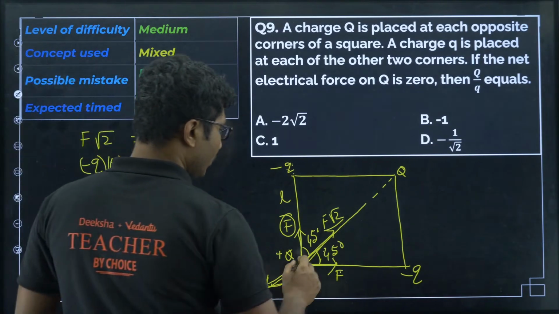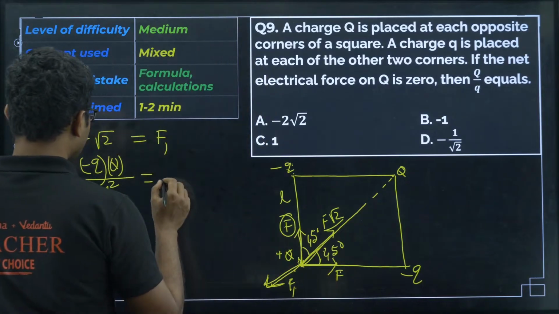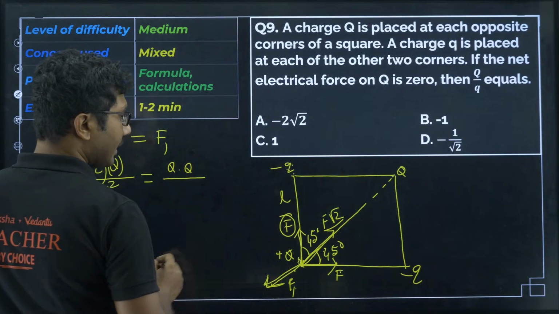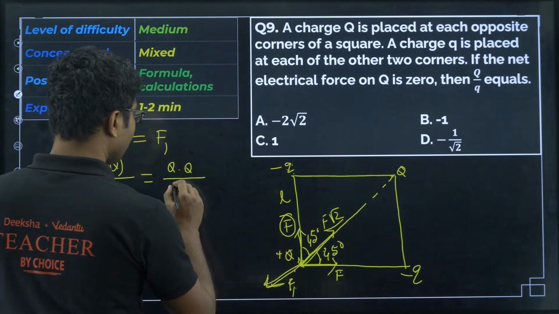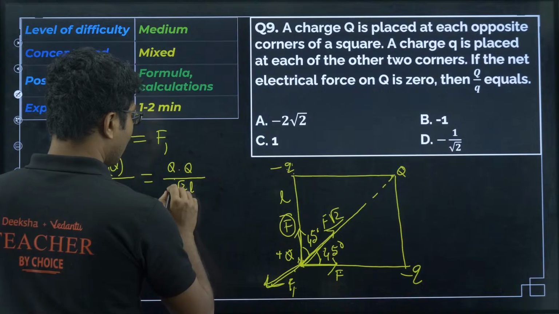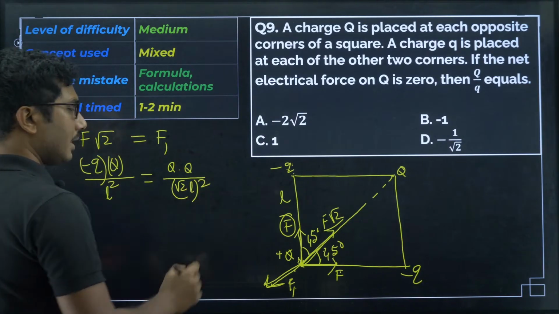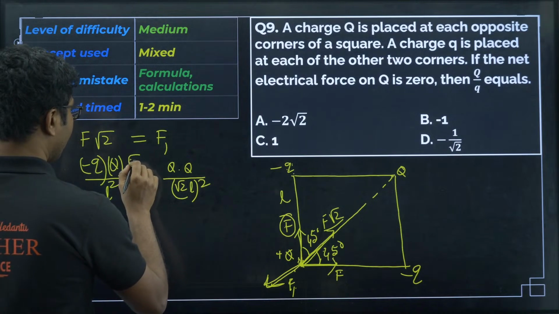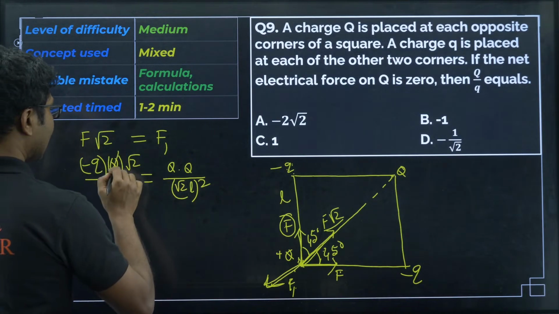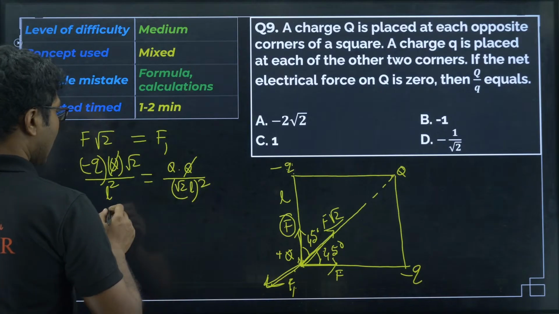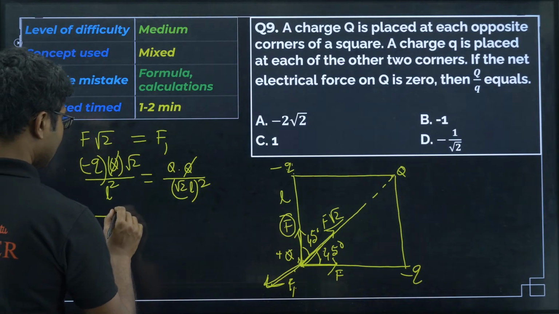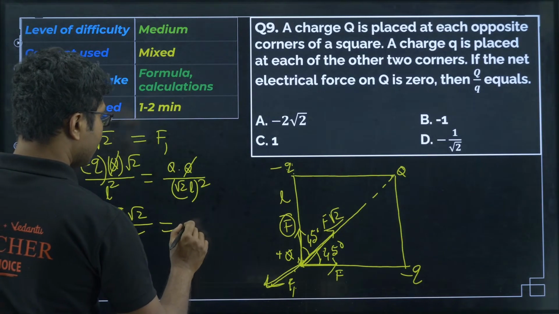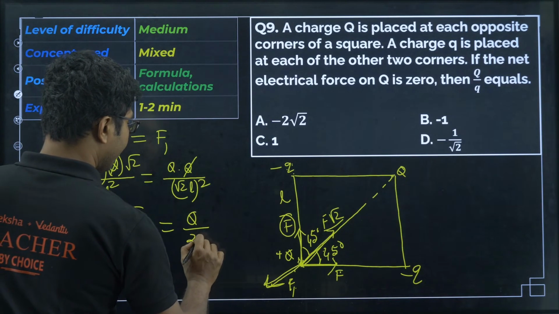That should equal the force from the other two charges, which is Q into Q divided by the distance, and the distance is root 2 L, the diagonal. Now Q cancels, and we get minus Q root 2 by L square equals Q by 2 L square.